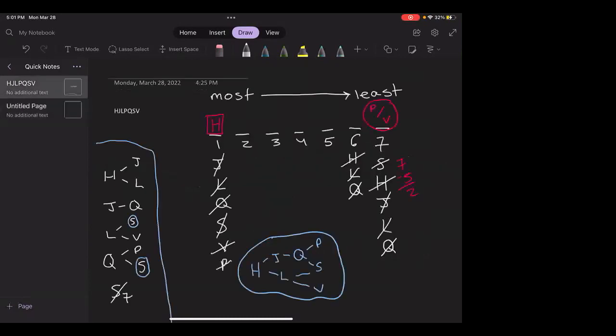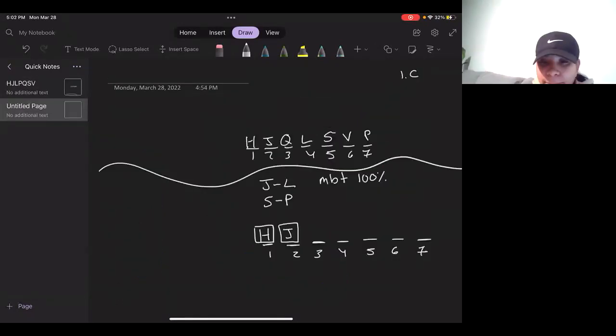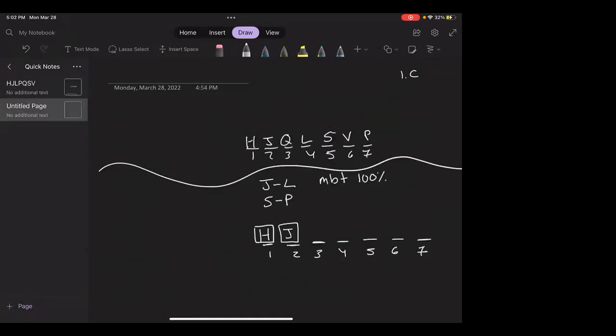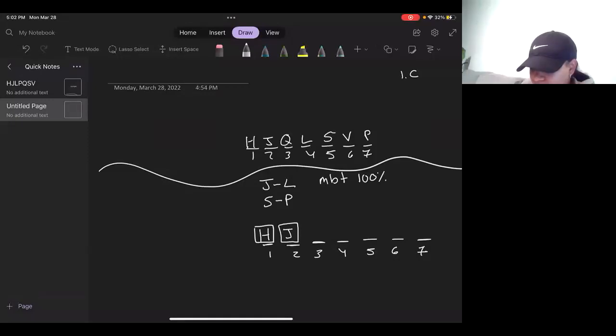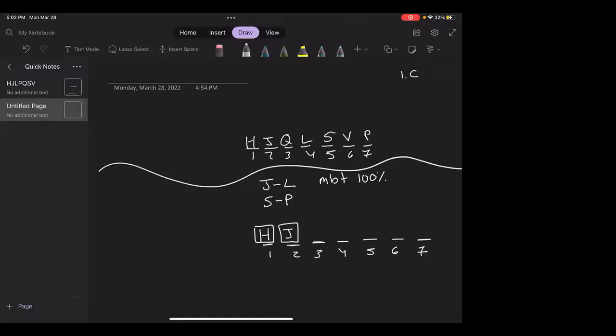We know from our conditions that J comes before Q, right? But in this question, it's asking us to specifically put J in front of L, right? Yes. So J has to go in front of L and Q, intuitively, right? Yes. So where would you like to put L in this situation?